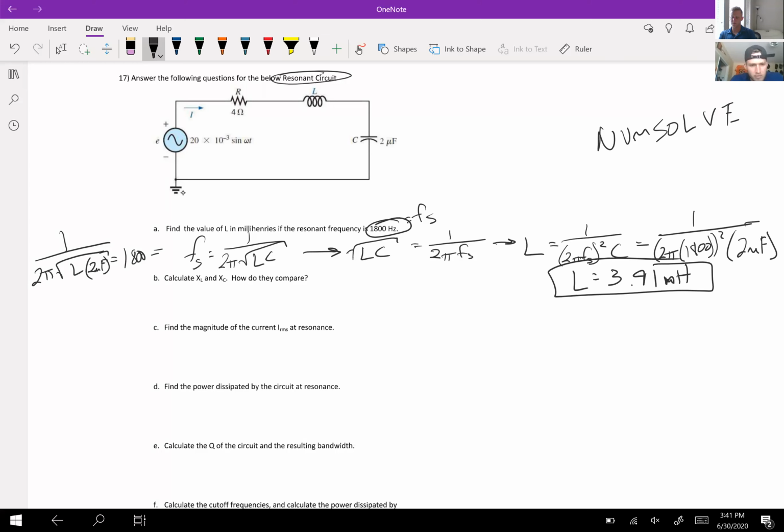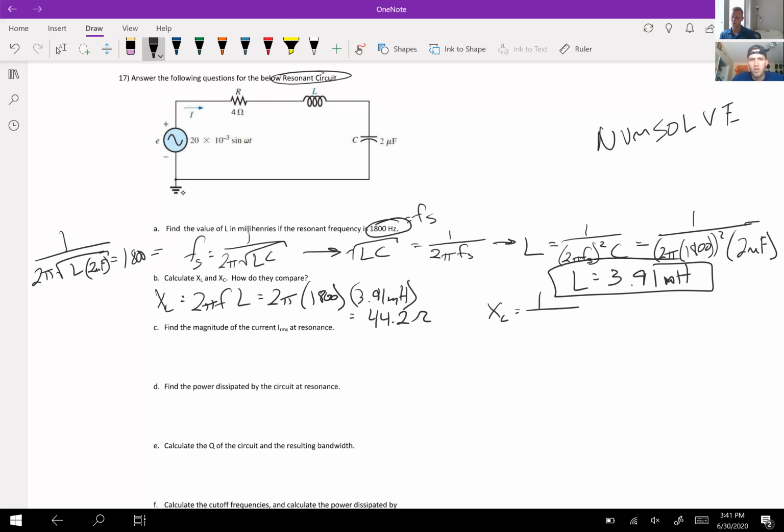Calculate XL and XC. Well, XL is 2 pi FL, 2 pi 1800, because we're talking about at the resonant frequency, and L is 3.91 millihenries, and that comes out to 44.2 ohms.